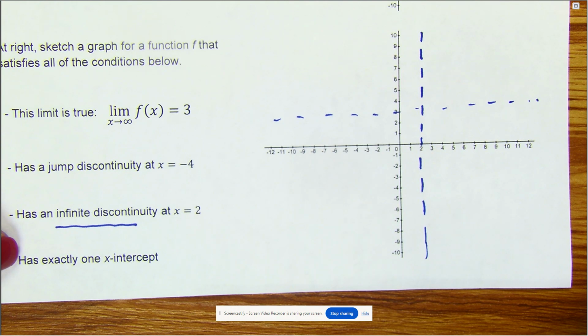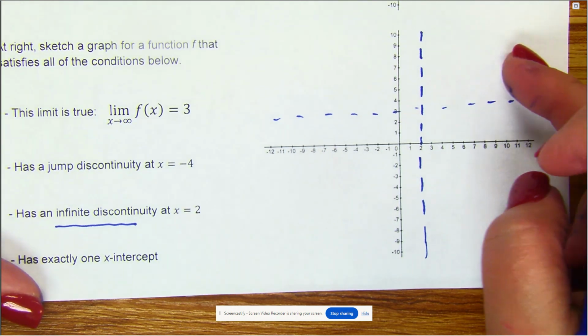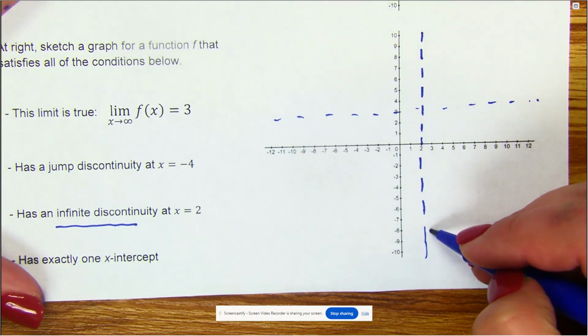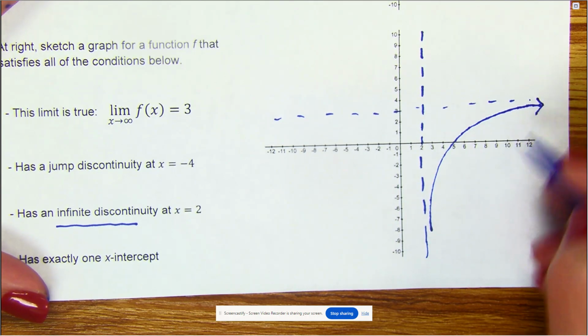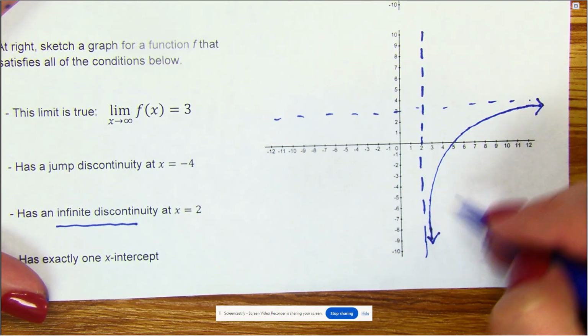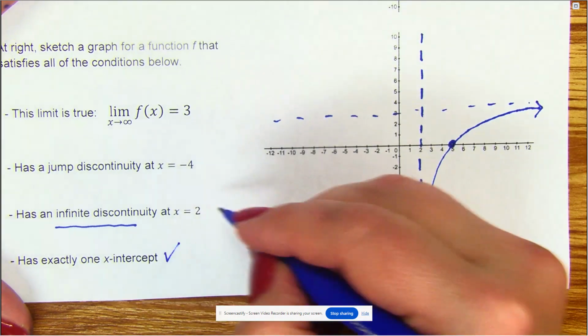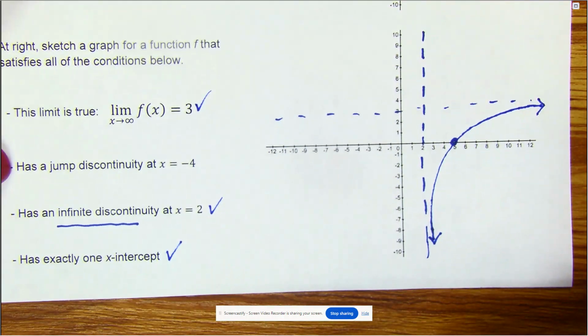It only has one x-intercept, so when I look at this, I'm thinking of our rational functions. So I'm going to make this one come in and approach 3. It has one x-intercept. So check. I've got infinite here. I've done this. I have to have a jump discontinuity at -4.